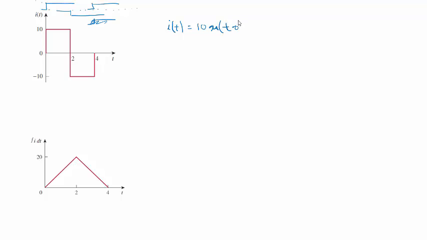I could say t minus 0 if I want, plus minus 10 step function that occurs at 2, plus a positive step back up with amplitude of 10 that occurs at t minus 4. So I can pull the 10 out if I want, no problem.